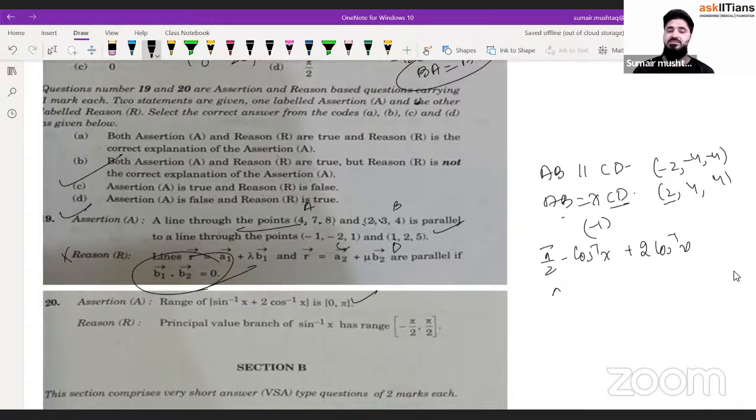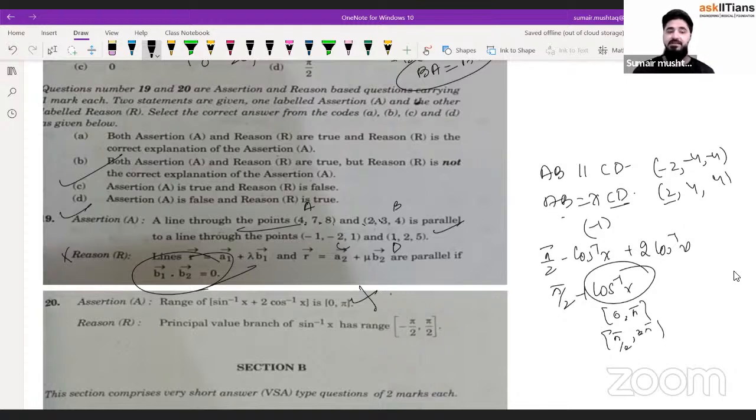So this is pi by 2 plus cos inverse x. You know that the principal domain of cos inverse x is 0 to pi. Add pi by 2 to it, so it will be pi by 2 comma 3 pi by 2. So it's not the range.